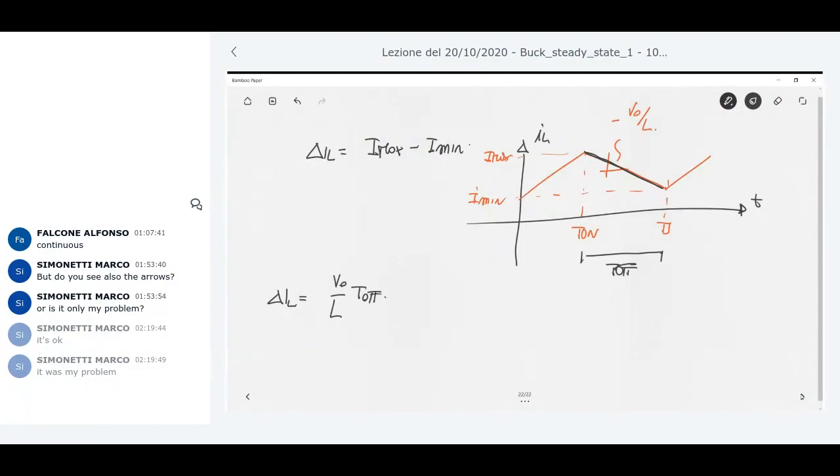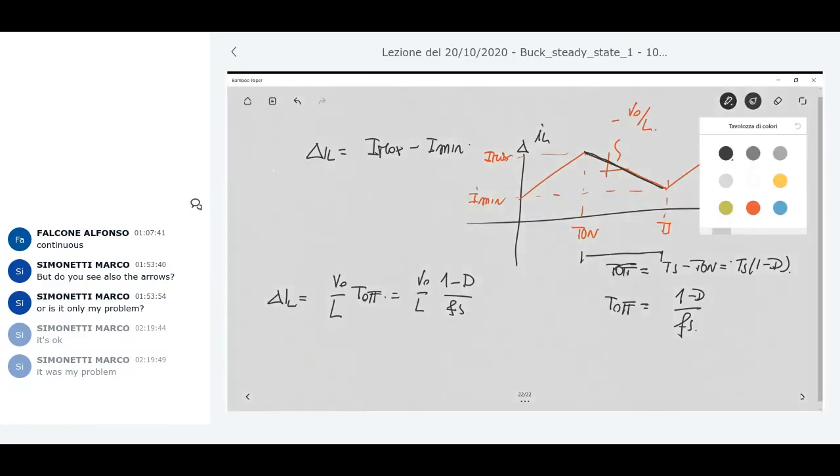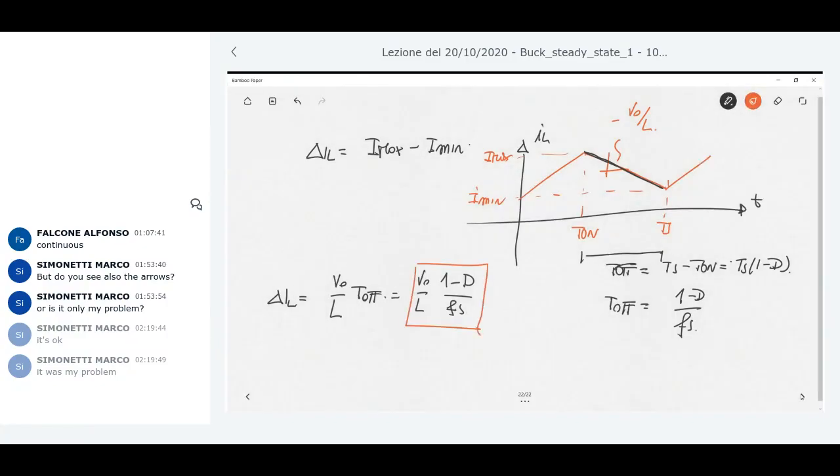But T off is Ts minus T on, so it is Ts times 1 minus D. So T off is 1 minus D over the switching frequency. So this is V naught over L, 1 minus D over the switching frequency.